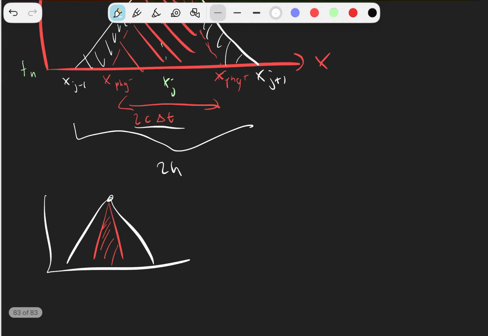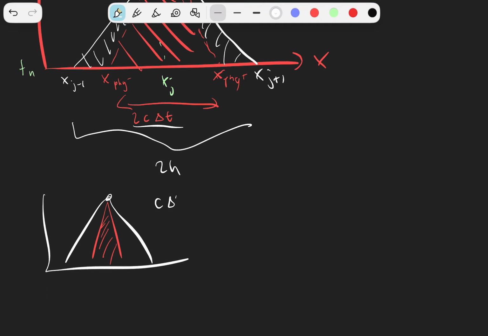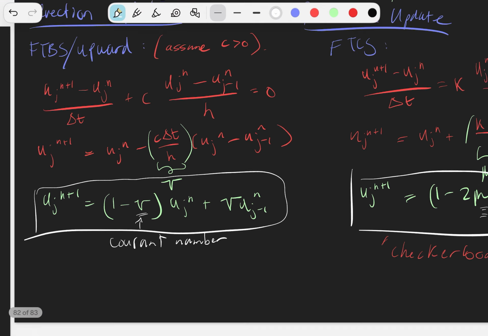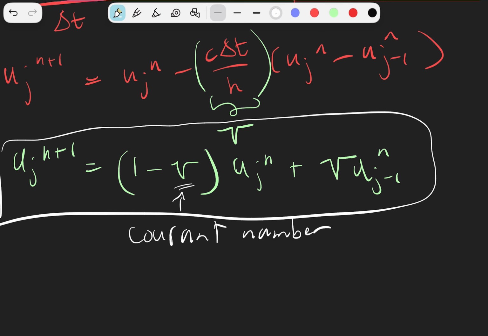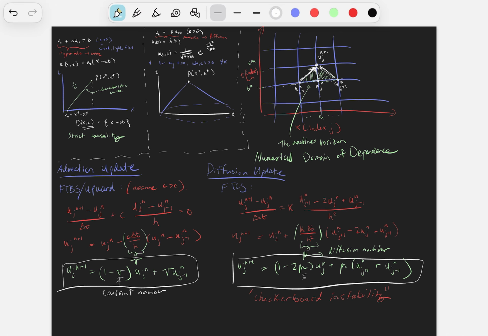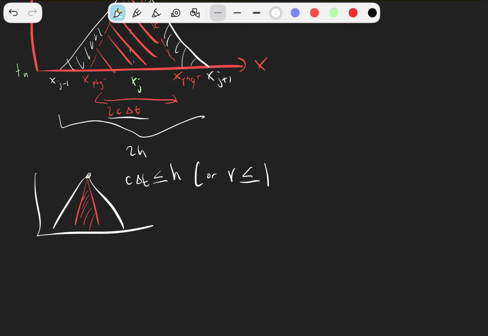The condition that should be held is that c delta t is bounded above by however we're discretizing space, or you can think of this as a Courant number less than or equal to 1. Okay, initially we could just probably arrive at that analytically, but I want you to see why that is the case, all right?